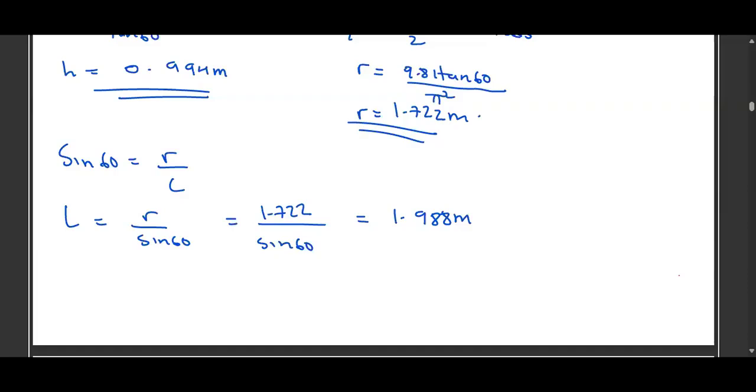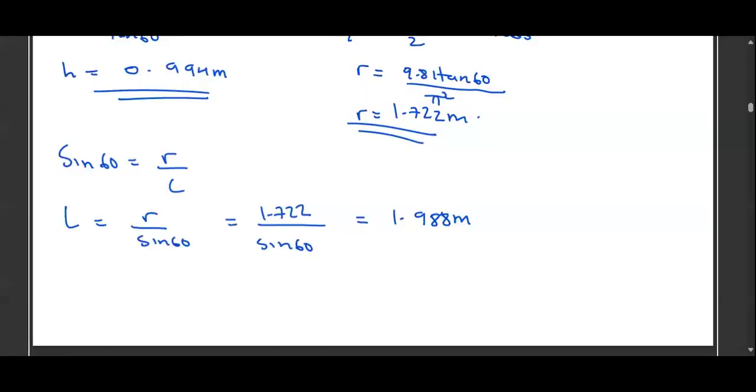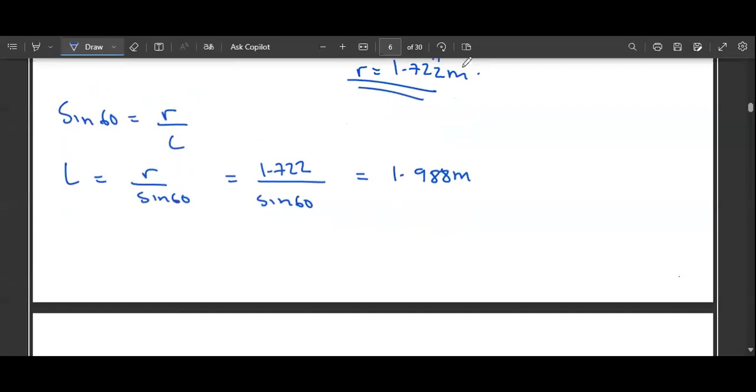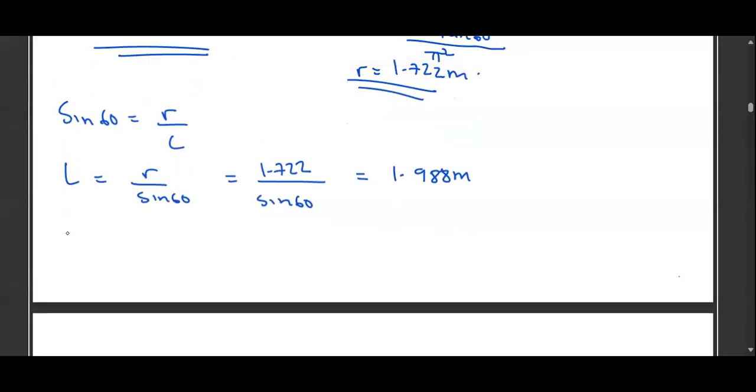Then they want us to come up with the velocity of the mass attached to the string. Remember that our velocity V is given by omega r. But our omega is pi times 1.722.